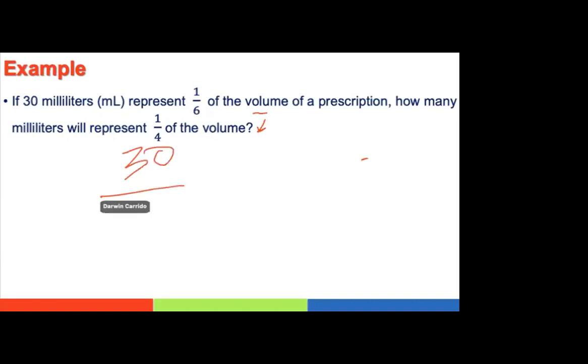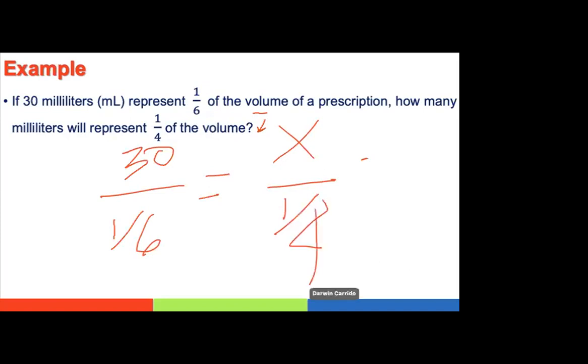30 divided by 1/6 equals X over 1/4. Now, solve for X. What's your answer? 45 ml.